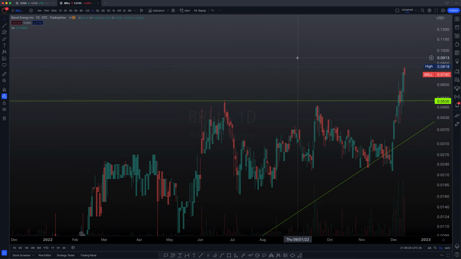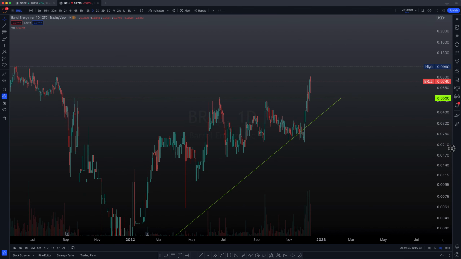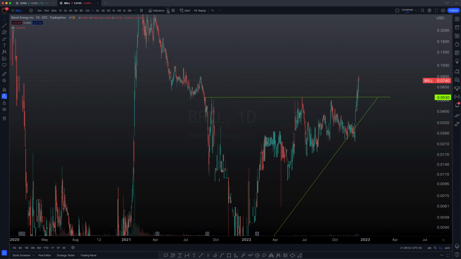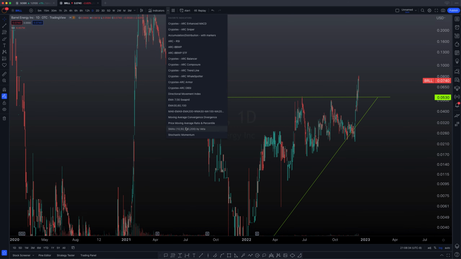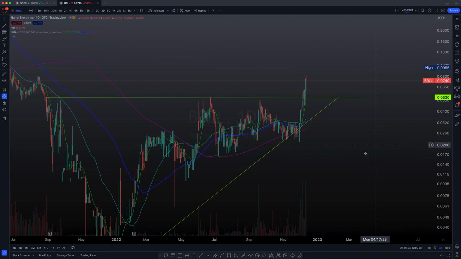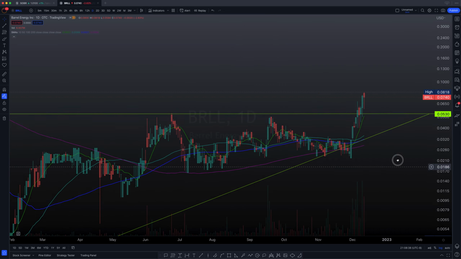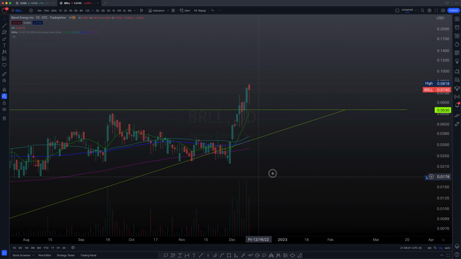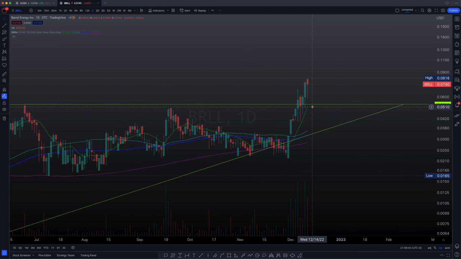Now how far of a descent do we expect? Well, let's open up some simple moving averages first. There is the potential that we can come back and catch up with the SMA 10. The SMA 10 is located at 5.10 cents. We are currently trading at 7.47 cents.